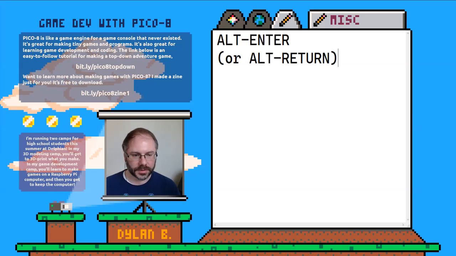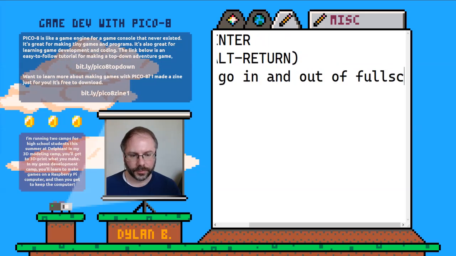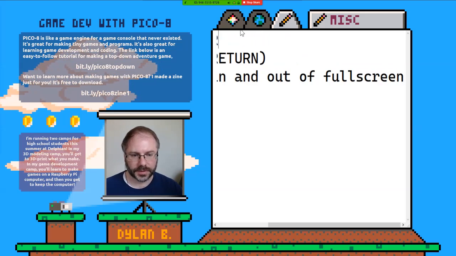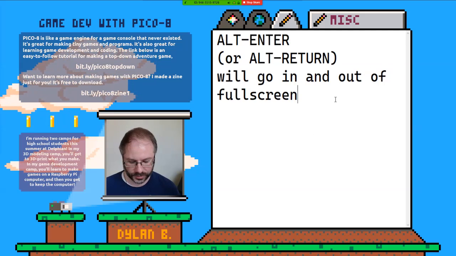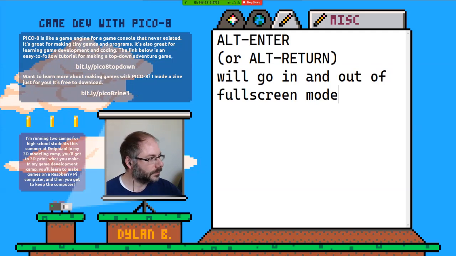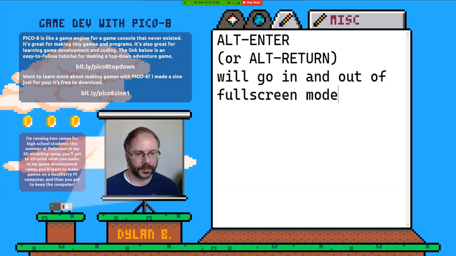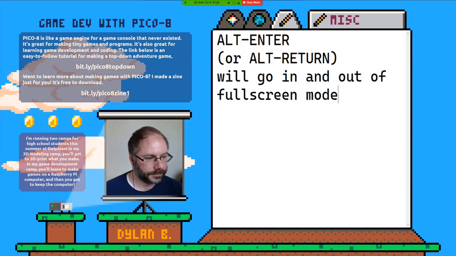If you hit Alt, Enter, or Alt, Return, on Mac or PC, we'll go in and out of full screen mode. So if you tried to load Pico 8 and it went full screen, just hit Alt Enter and it will come back out of full screen.